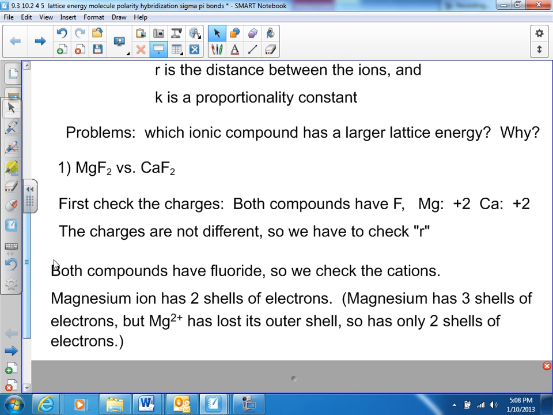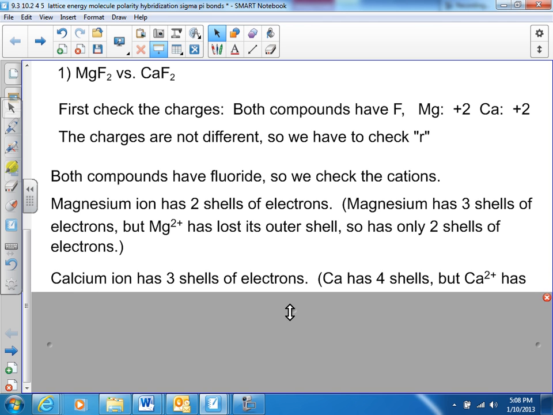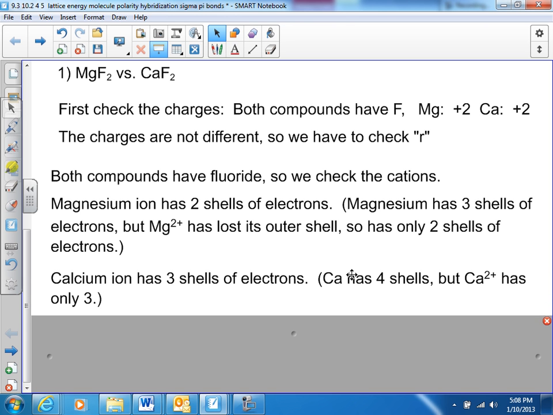Now let's check calcium. Find calcium on your periodic table, and you'll find calcium has 4 shells of electrons, but in an ionic compound like calcium fluoride, calcium has a +2 charge, so that outer 4th shell is lost. So the calcium ion has only 3 shells of electrons.